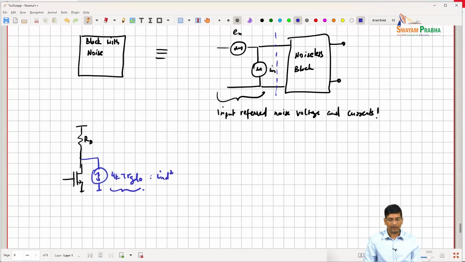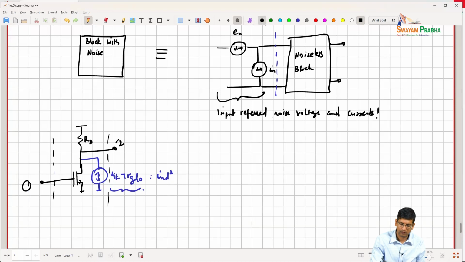If I consider this to be my noisy 2-port, this is the plane of noise in the system, then I'm trying to model this with a noise model that looks like so.